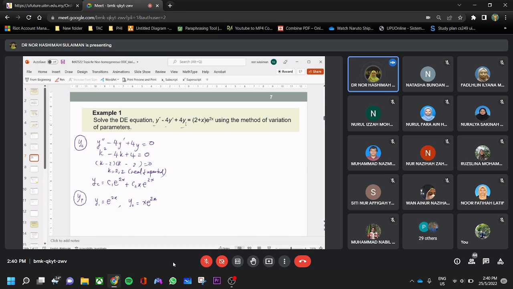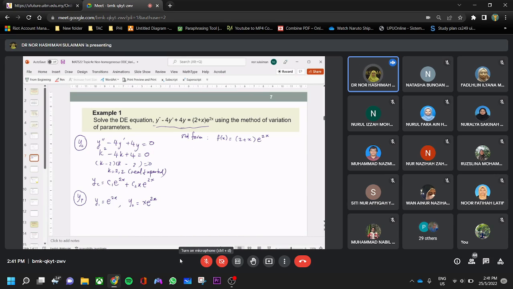Ambil daripada sini. Cuba tengok equation dia. Equationnya dah dalam bentuk standard form kan? Dah standard form. So tak payahlah kita nak bahagi dengan koefisien, betul? So bila dalam bentuk standard form, apa dia punya f of x dia? Okay, betul?